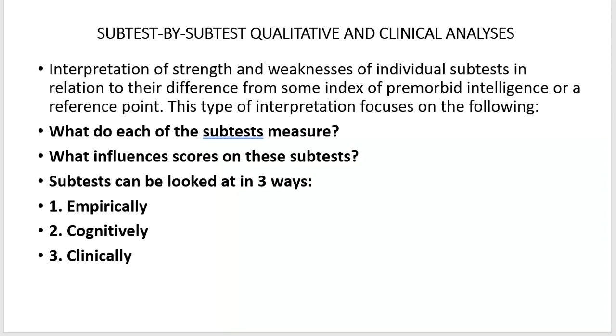But for making this clinical judgment, we must know what each subtest measures, the cognitive functions measured by them, and to have valid inference, we must know what are the factors that can influence the scores, because the factors that can influence the score will not always be clinical factors. Some non-clinical factors can also influence the scores. So if non-clinical factors are present, then we will have to be very cautious in interpreting the subtest scatter.